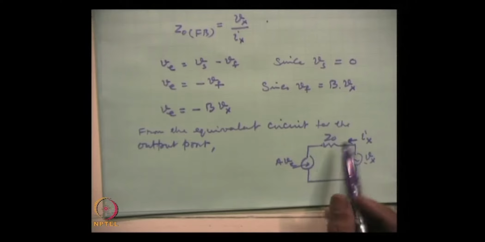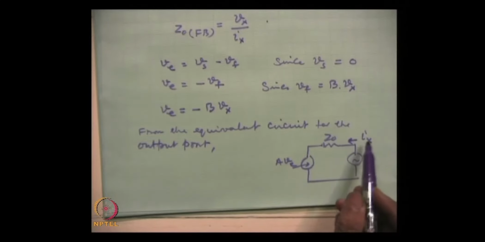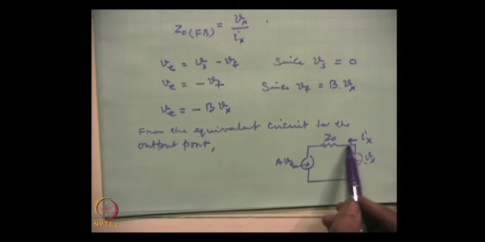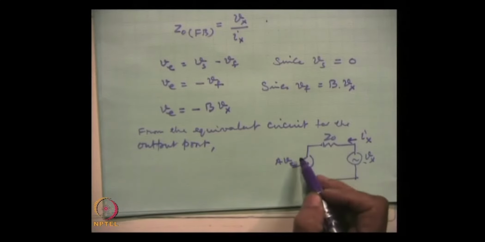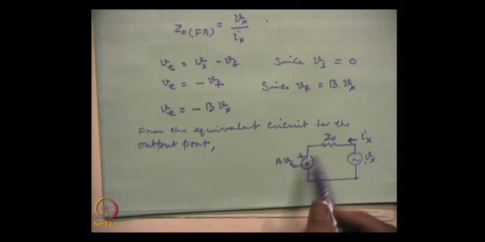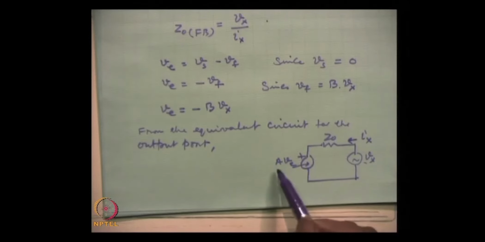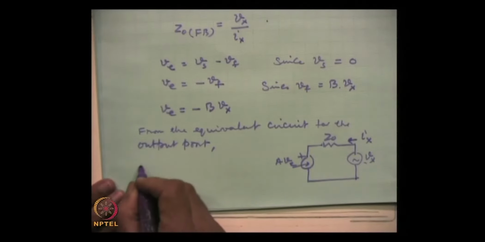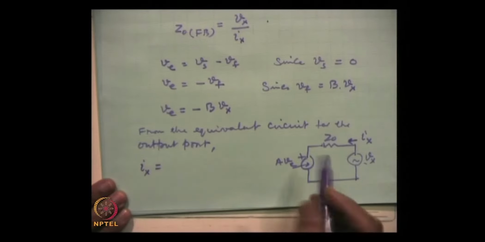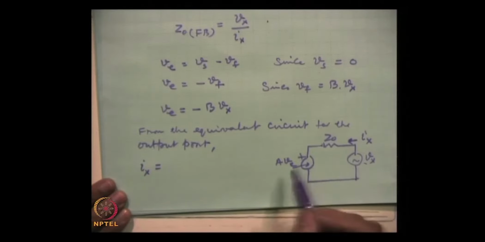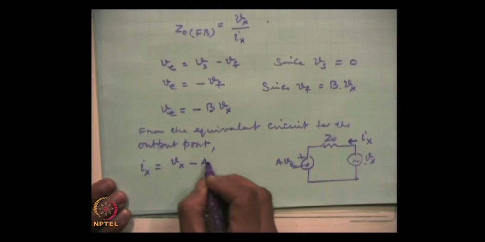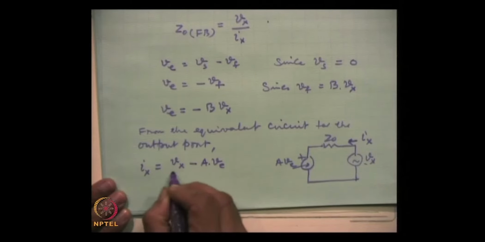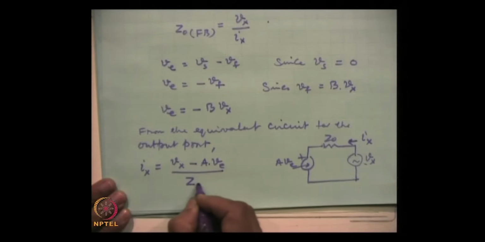Now, it is simple that we can find out the value of I x. If we have a resistance and one terminal is at the potential V x, and the other terminal has a potential A V e, then obviously the current will be the difference of these two potentials, that is V x minus A V e divided by Z 0, simple Ohm's law.